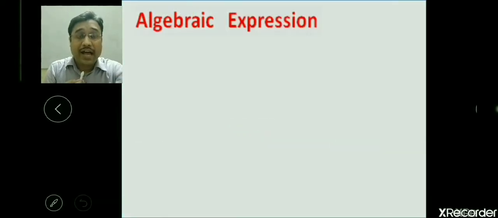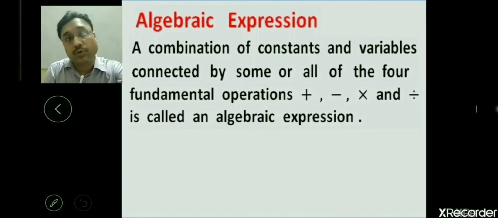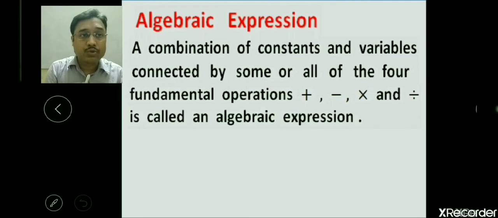Now algebraic expression, constant and variable, we have understood. Now see, it consists of variables and constants. So it is written here, a combination of constants and variables. It is the combination of constants and variables connected by some or all of the 4 fundamental operations. That means plus, minus, into and division.